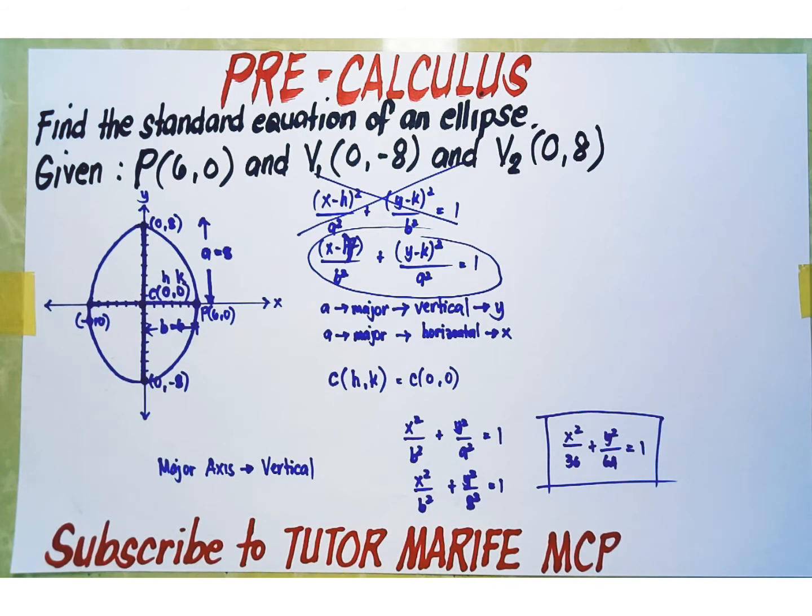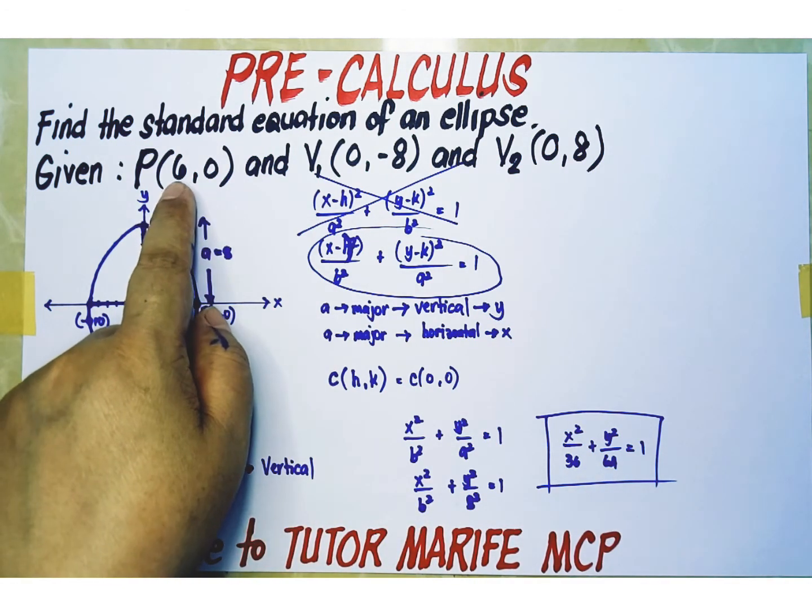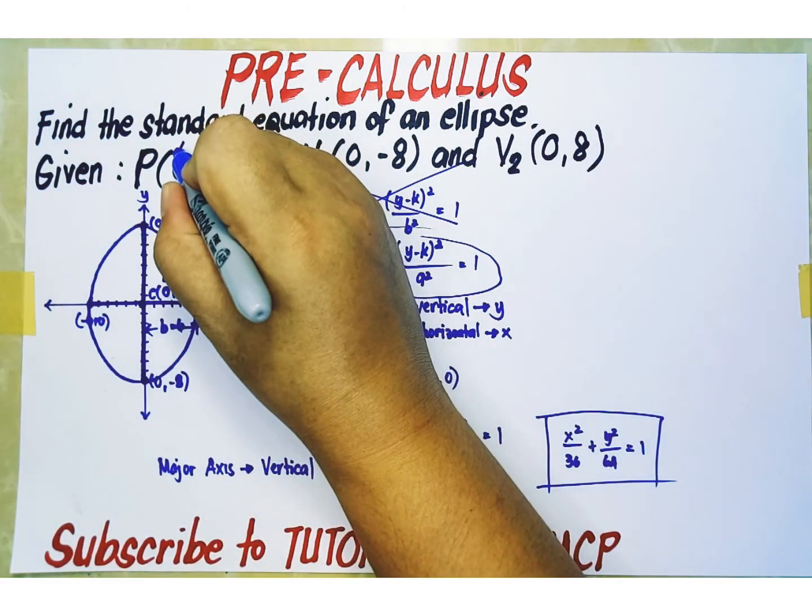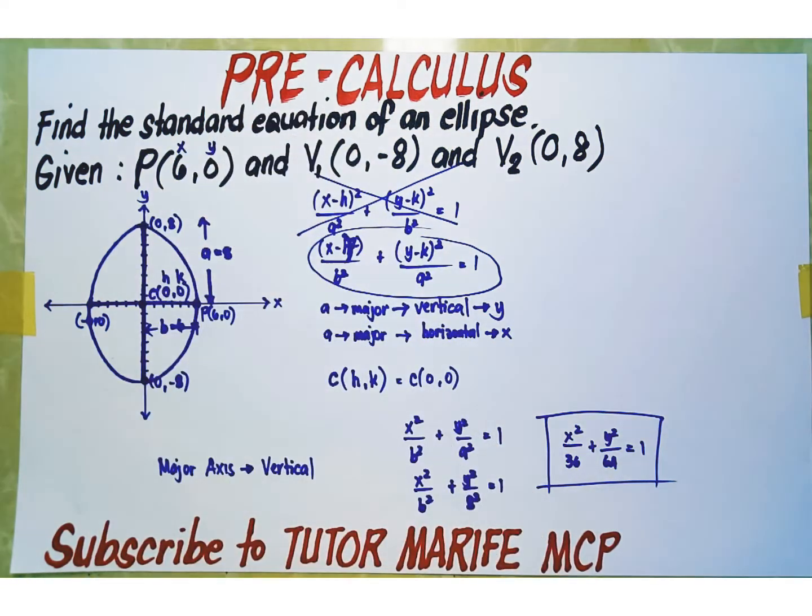Another way of finding b squared is by substituting x equals 6 and y equals 0 into this equation.